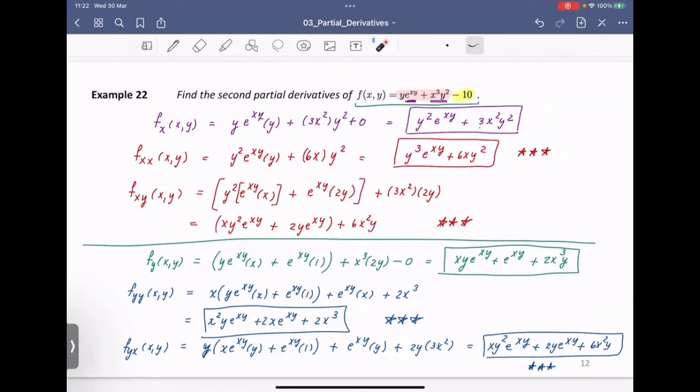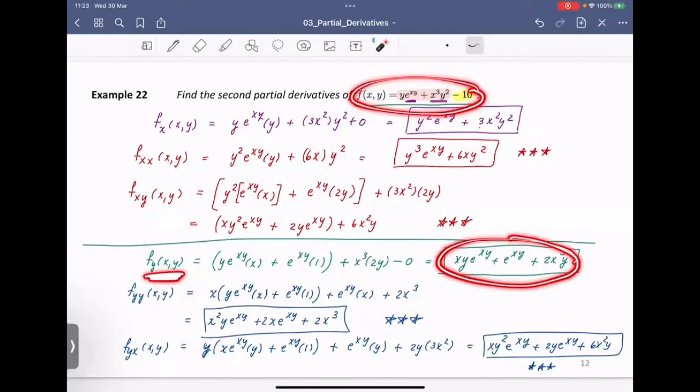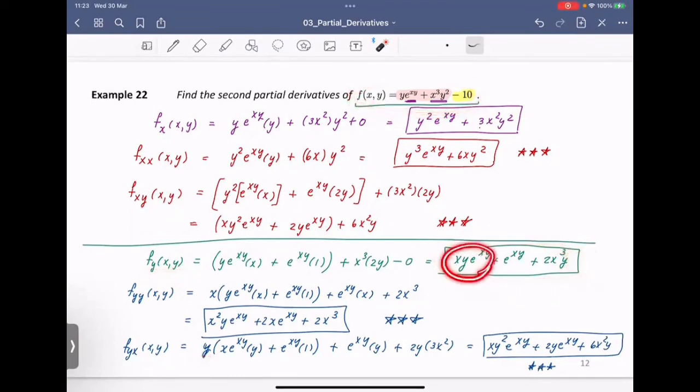Well, some of you have a question in the chat already: how do I compute fyx here? So fyx, I start from f here, and then I take the first derivative with respect to y, so I get something in the box here. And then I take something in the box here, differentiate with respect to x again, which means now I'm going to keep y constant, which means you can see that I pull out y here because in the first term here, y is constant.